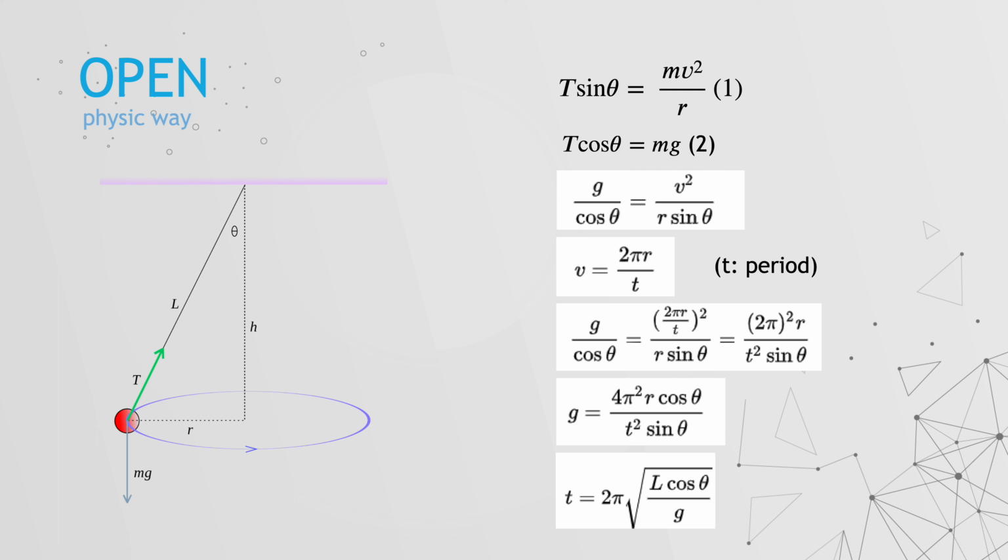And we substitute v back into formula 3 and we get g equals 4 pi squared times r times cosine theta divided by T squared times sine theta. And then we get the period T equals 2 pi times the square root of L cosine theta divided by g.